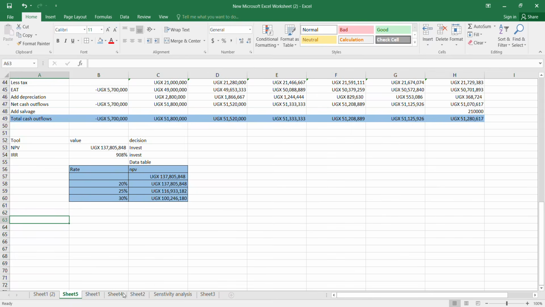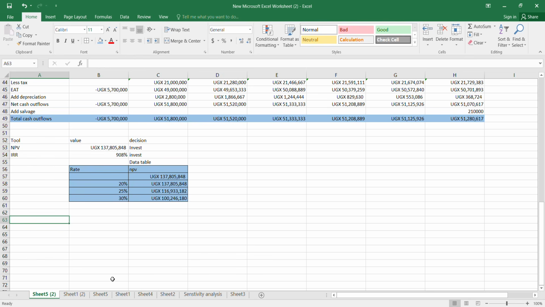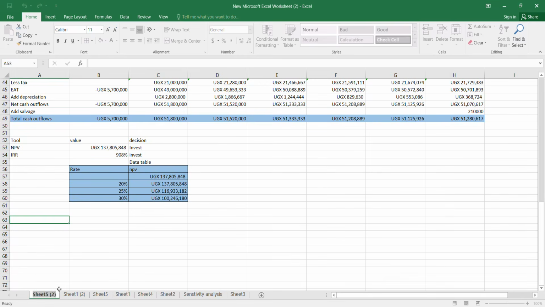We shall come and make a copy. Press shift and make a copy. Then they told us to name it sensitivity analysis.